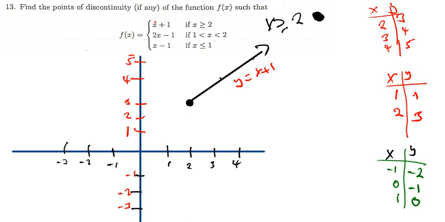I go to the next one. The next one is telling me that 1, 1. But at 1, 1 here, this is just an open circle. Even if you don't know the meaning, if I say this, it's the same as x is greater than 1. But even if you don't know the meaning of that, just know that since it's just less than, there is no equal to, then it is open at that point.